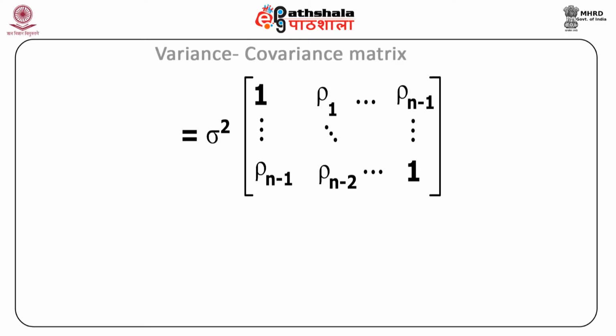I can also define this as sigma square into the matrix with the first column from 1 to the rho n minus 1 element. The second column can be written from rho 1 to rho n minus 2, and the last column of this matrix is from rho n minus 1 up to 1.